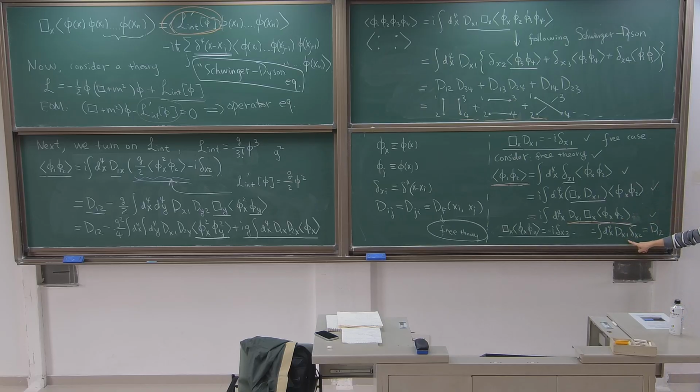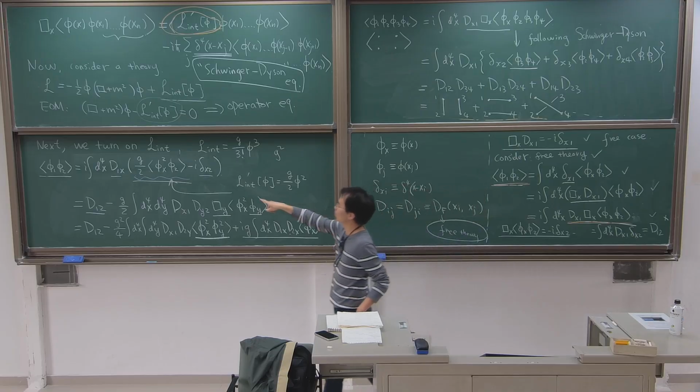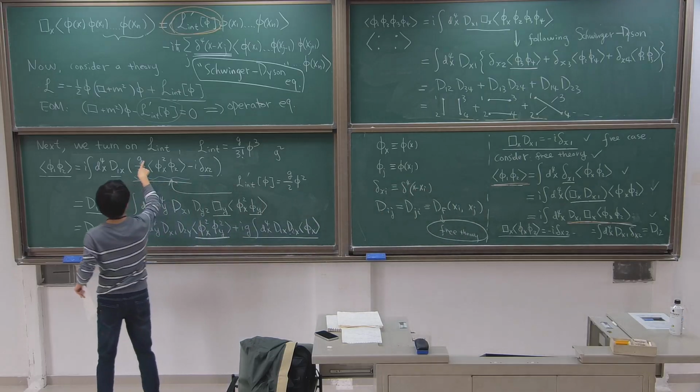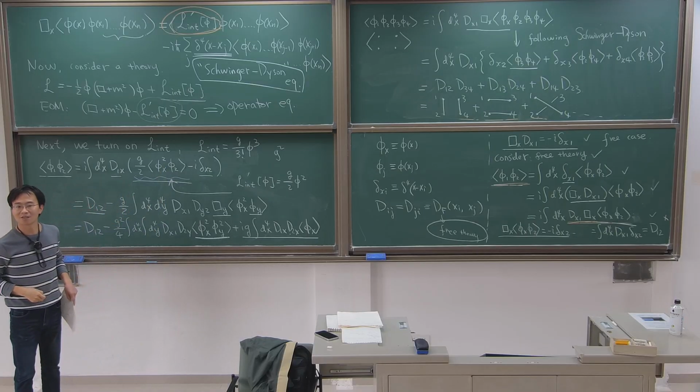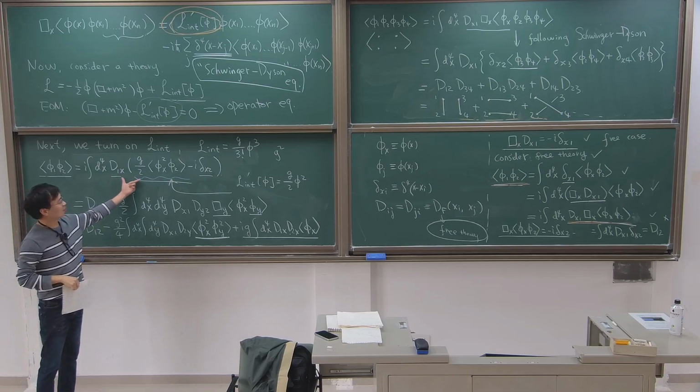For the interacting case, box acting on phi will be replaced by g over 2 phi squared. That's the equation of motion, the new one. This is where this term comes from. Is that clear?